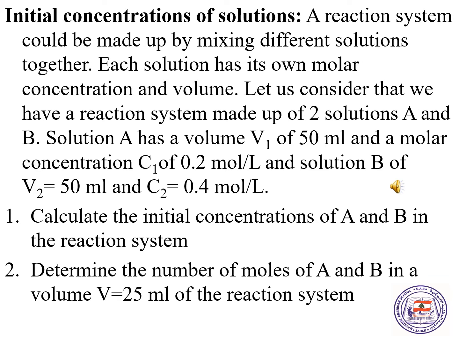And solution B has V2 equals 50 milliliters and molar concentration C2 of 0.4 mole per liter. Number one, we need to calculate the initial concentrations of A and B in the reaction system. Number two, we need to determine the number of moles of A and B that are found in a volume equal to 25 milliliters of the reaction system.